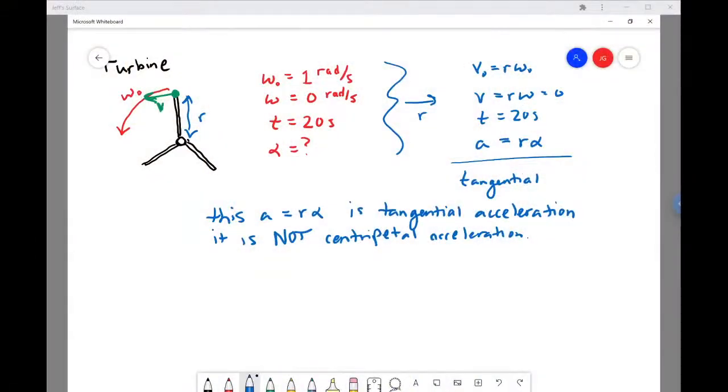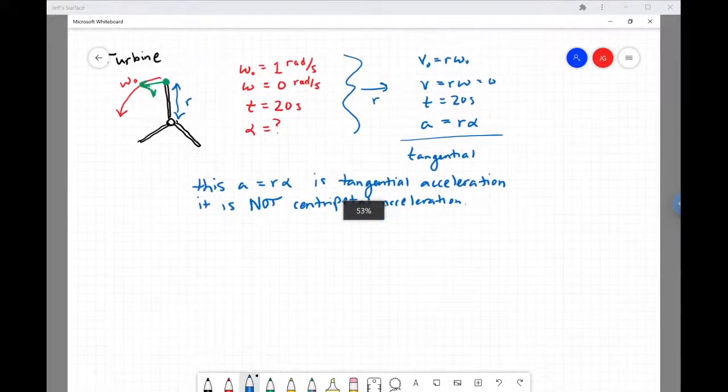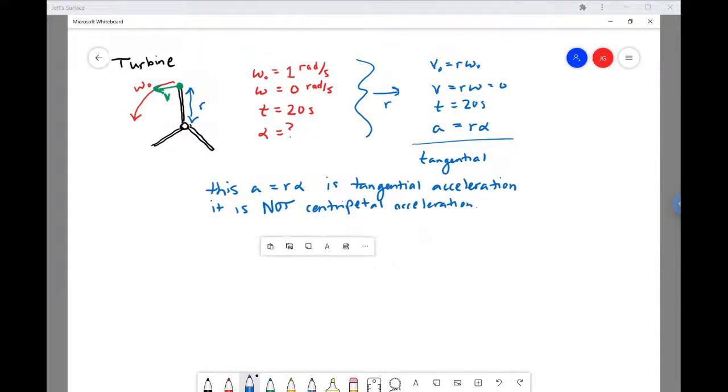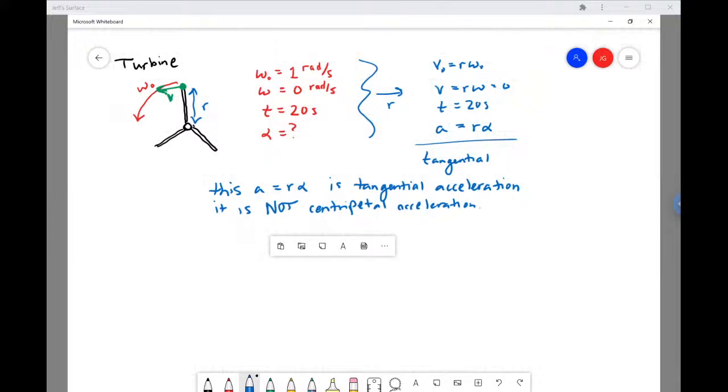Let's focus on just that one blade. So we have this one blade, and I'm going to draw it straight up and down because that simplifies our axes.